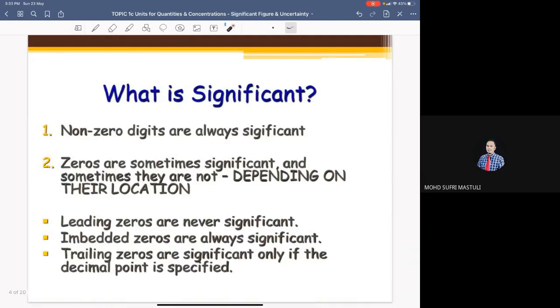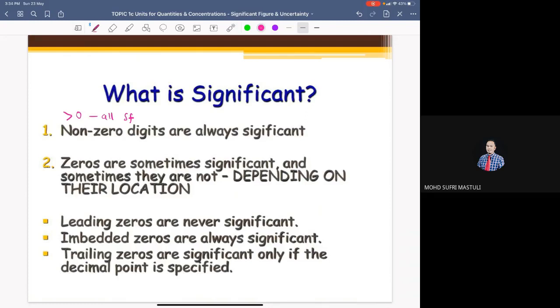So what is significant? Non-zero digits are always significant, meaning that anything more than zero is always significant.